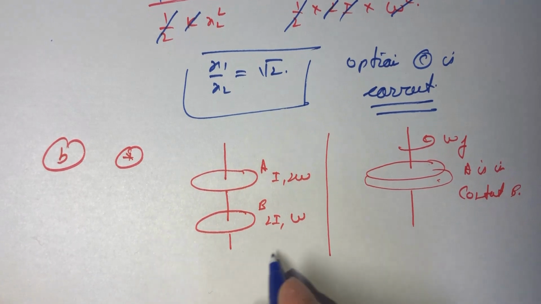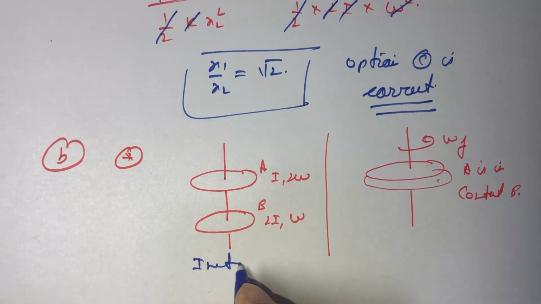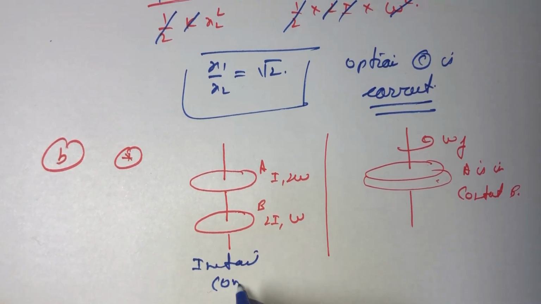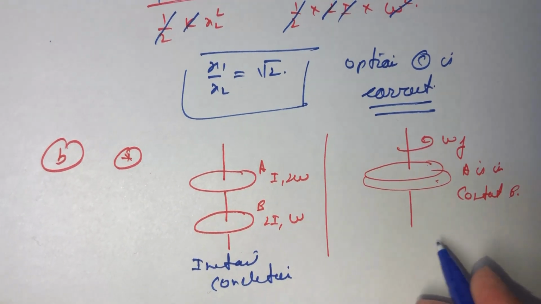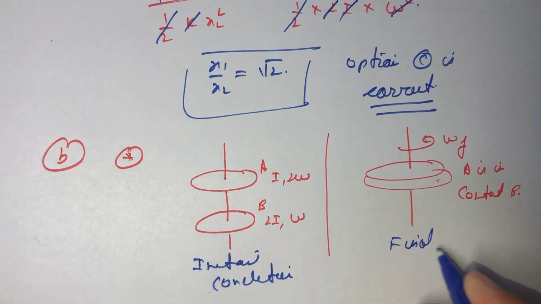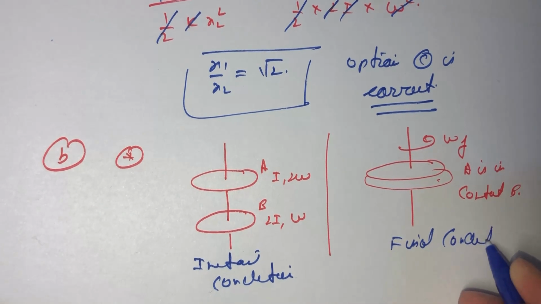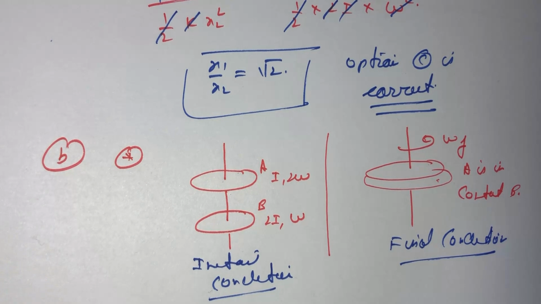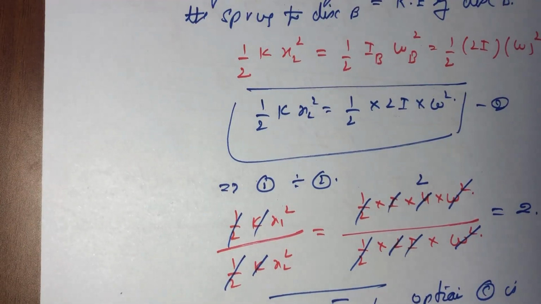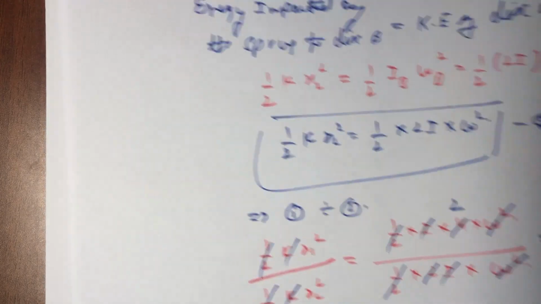So this is our initial condition, and this is our final condition. Let us use the angular momentum first for the initial, then for the final, and then we are going to solve further.